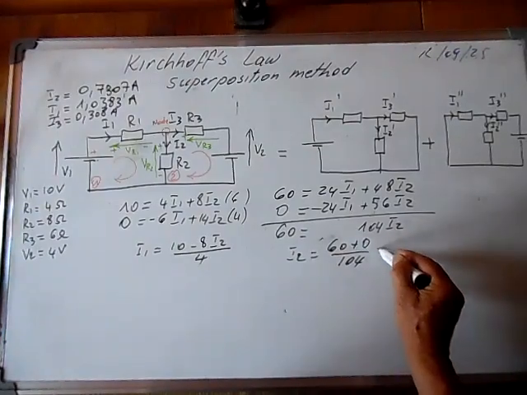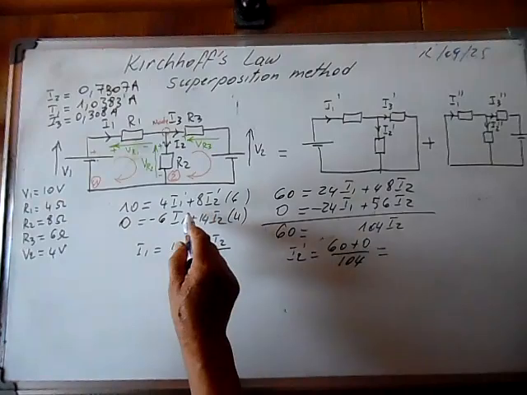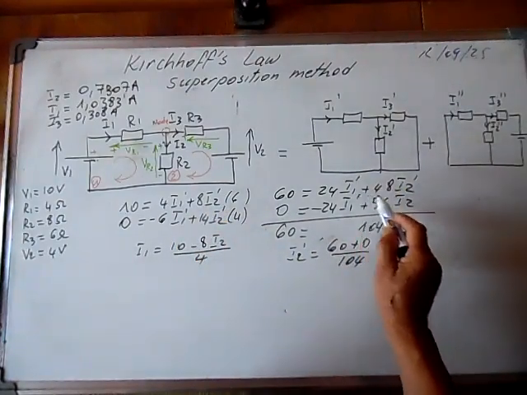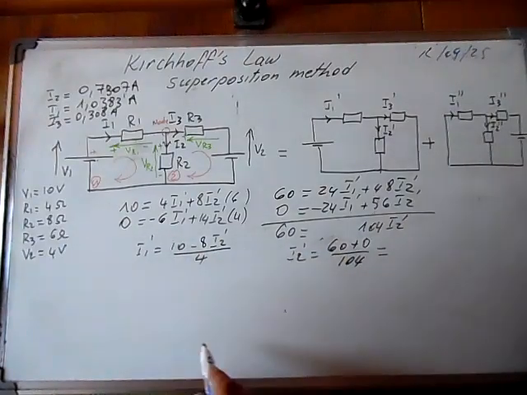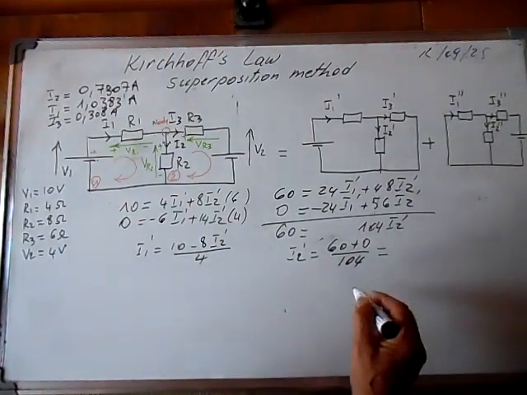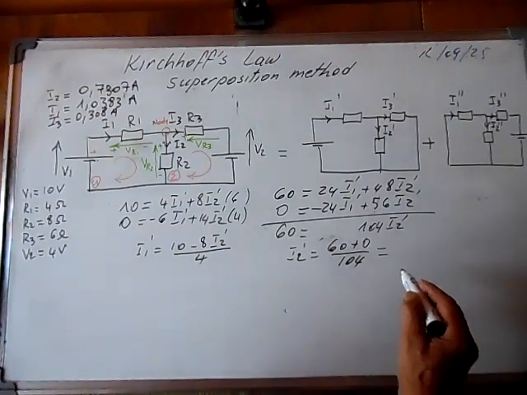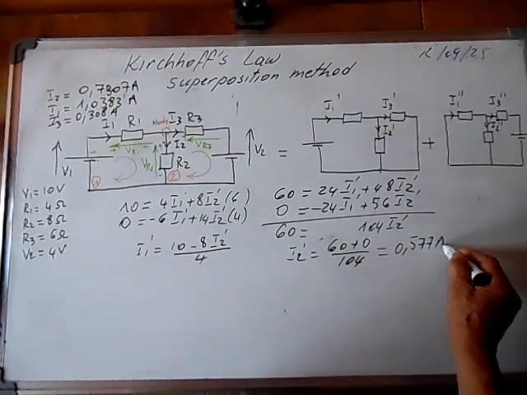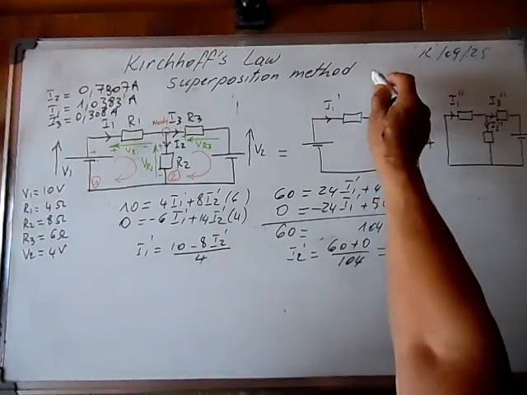So now we are calculating I2 prime. So here we calculate this one, and this one is equal to 0.577 amps.